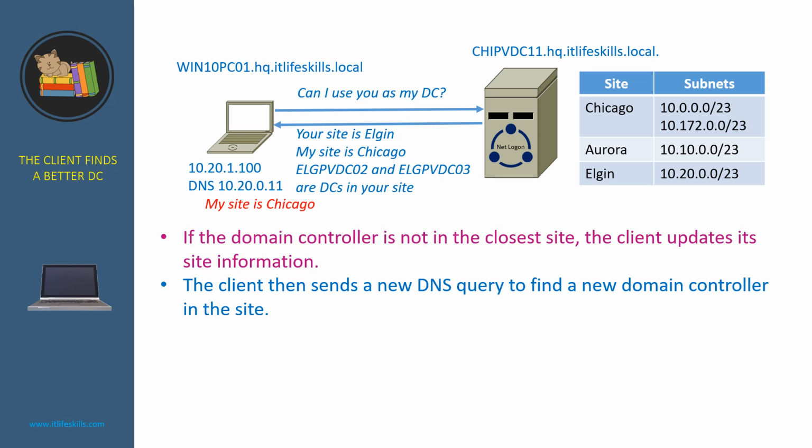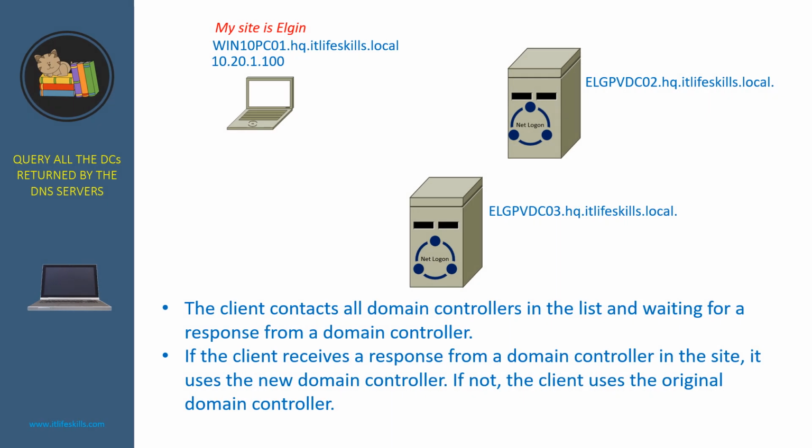If the domain controller is not in the closest site, the client updates its site information. The client then sends a new DNS query to find a new domain controller in the site. So in this case, the client updates its site as Elgin. As soon as the client receives the list of IP addresses from the DNS server, the client contacts all domain controllers in the list and waits for a response from a domain controller.